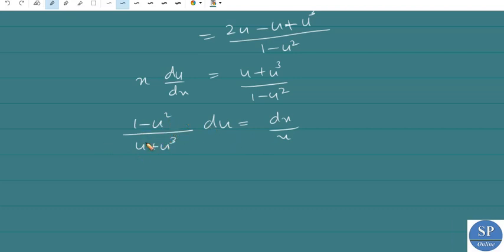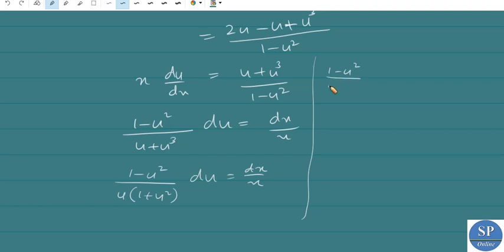For integrating the left hand side, we have to apply partial fractions. This can be written as 1 minus u square divided by, taking u outside, u into 1 plus u square, into du equal to dx by x. Now by partial fractions, 1 minus u square divided by u into 1 plus u square is some a by u plus bu plus c divided by 1 plus u square.